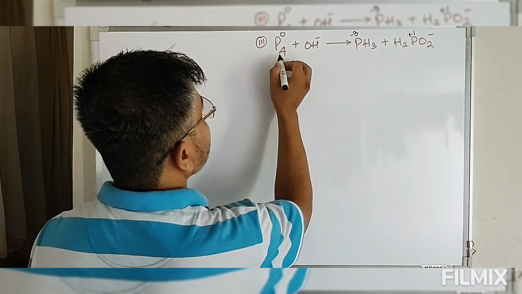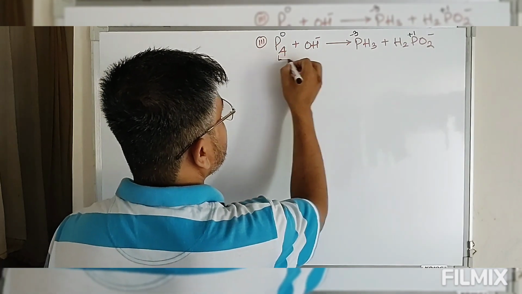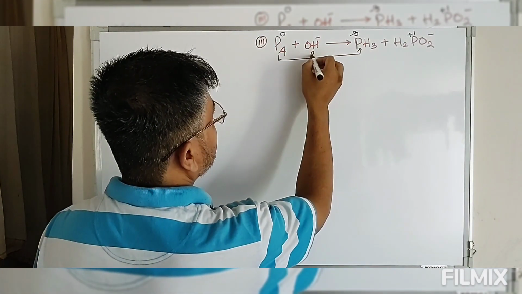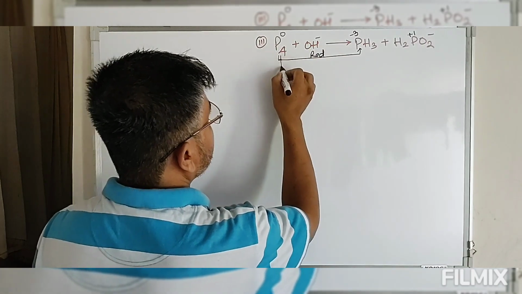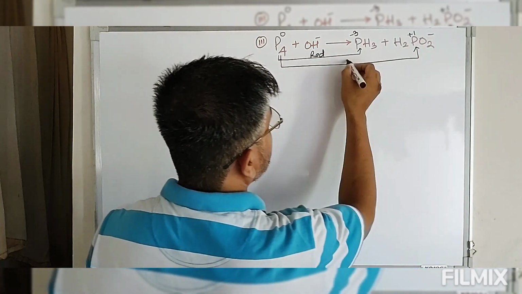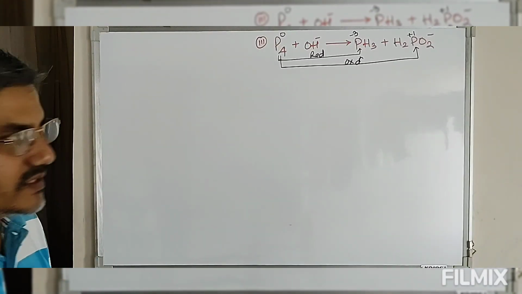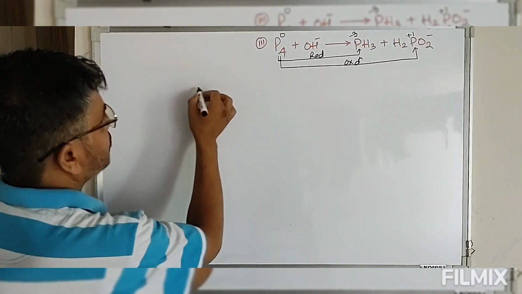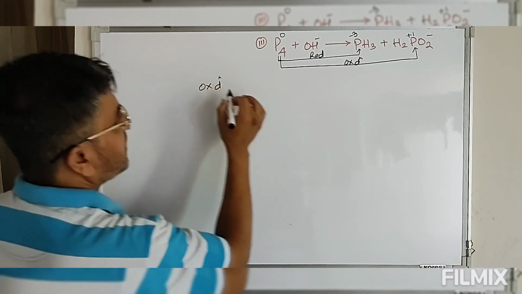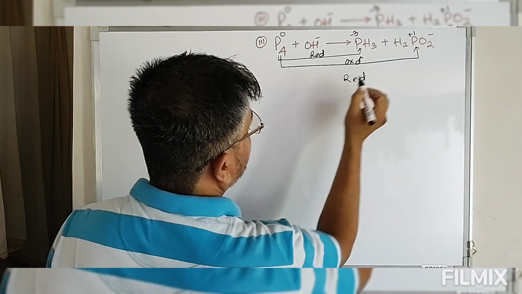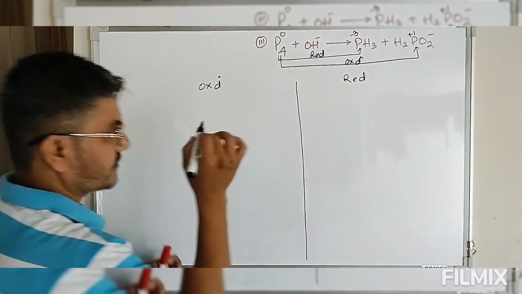Now in this reaction, phosphorus 0 to -3, this is a reduction. Phosphorus 0 to +1, this is oxidation. So we have both oxidation and reduction. So we will separate. First we write down the oxidation half, then on the left side we have the reduction half reaction.